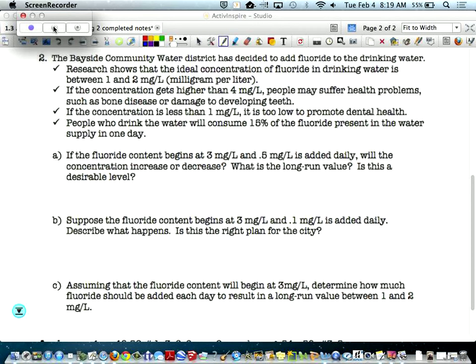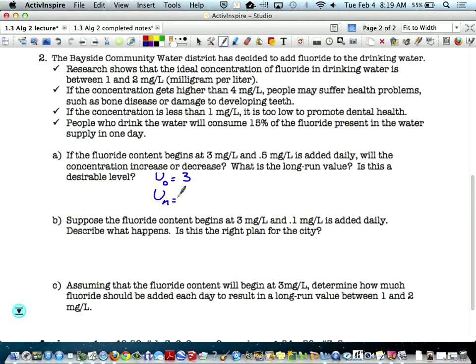It's going to begin at 3 milligrams per liter, right? And then we're going to add 0.5 milligrams per day. And people who drink the water are consuming 15% of the fluoride present in the water supply in 1 day.